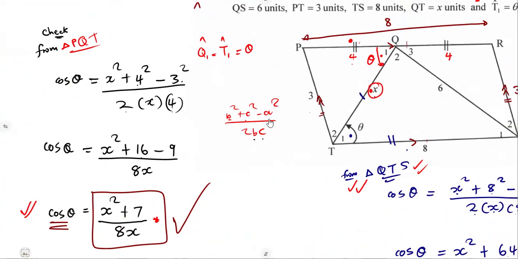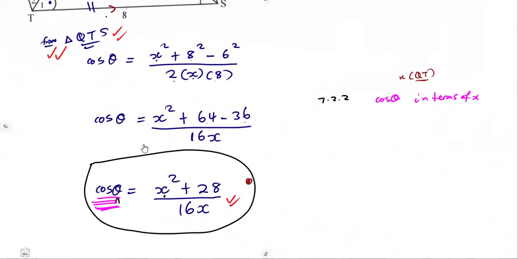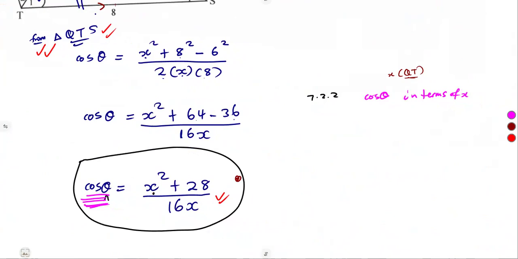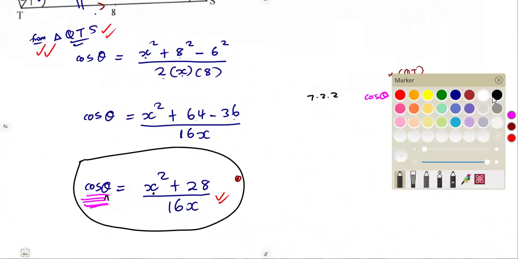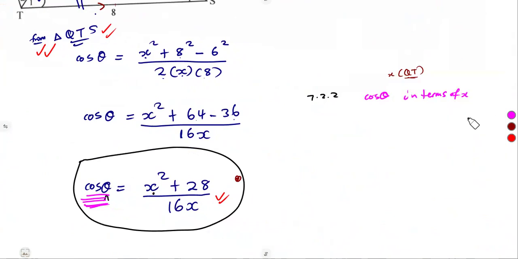You see our mathematics, how they play around with us, guys. They know that you had that part on your trial and error. So equate the two because they represent the same thing in terms of x. The first one, we got x squared plus 28 over 16x.